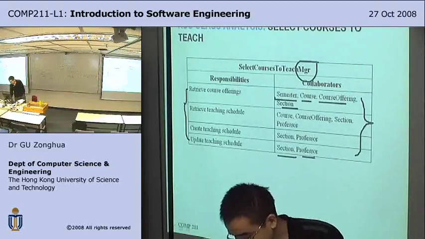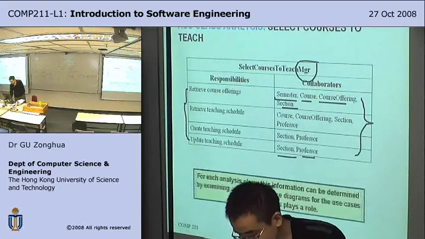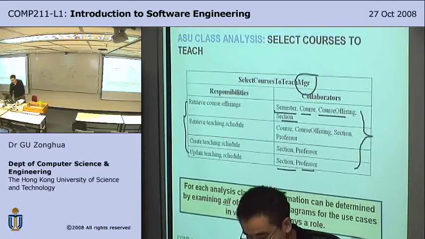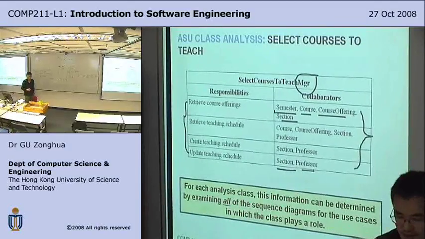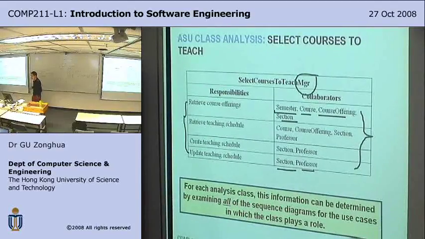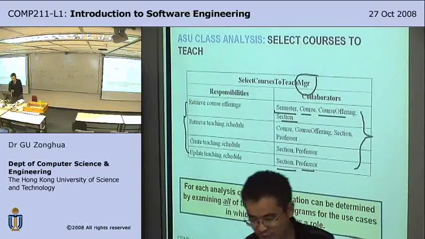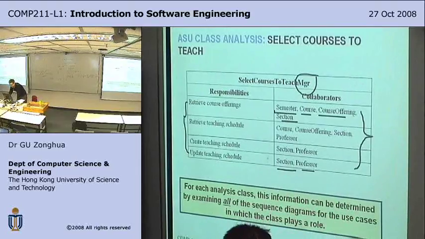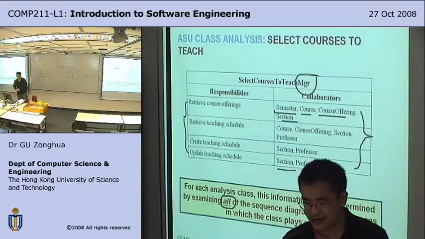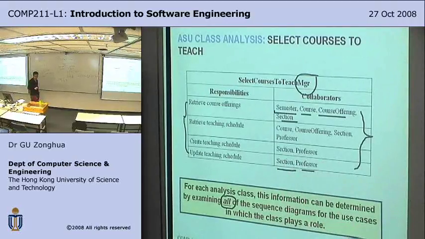So you can determine this information by examining all of the sequence diagrams for the use cases in which the class plays a role. Notice the keyword, all of the sequence diagrams, because this particular control class may play a role in multiple sequence diagrams.